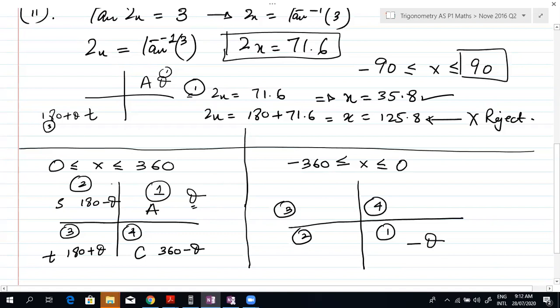The second quadrant over here is 180 minus theta. So everything is reversed, right? So 180 minus theta will become minus 180 plus theta. The third quadrant is 180 plus theta, so that's going to become minus 180 minus theta. The fourth quadrant is 360 minus theta, so that would be minus 360 plus theta.